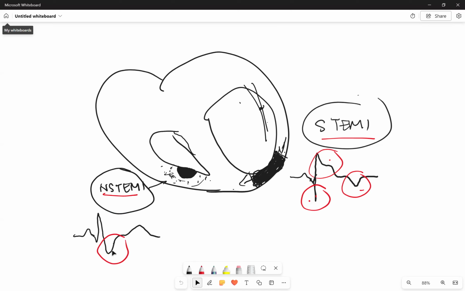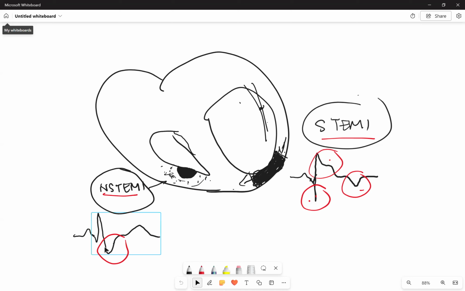Because ST elevation represents early ventricular repolarization, right? So here, this is manifested by late, because yes, some of these cells died. However, these are still alive. So while these will not contract and therefore not repolarize, these guys do. The ones underneath, the ones around it still repolarize. They still contract, they still function.